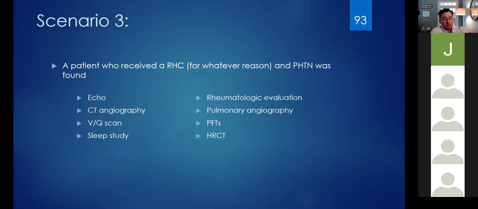But this scenario could be a pretty broad workup and may require an echo, CT angiography, pulmonary angiography, VQ scans, PFTs, sleep studies, high-res CTs, some rheum labs. Basically, you've got to go look for the underlying etiology here.